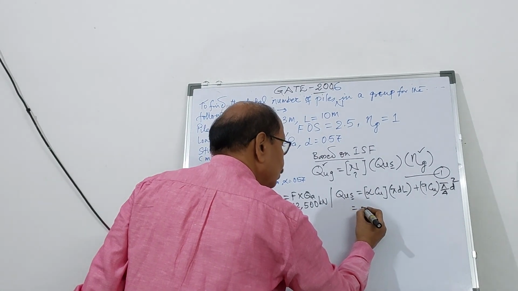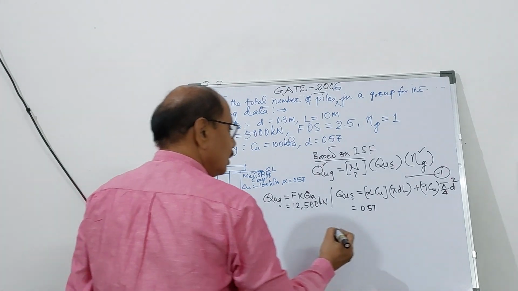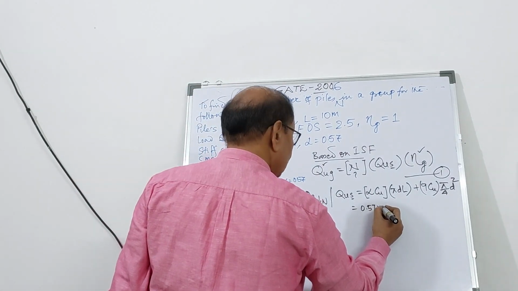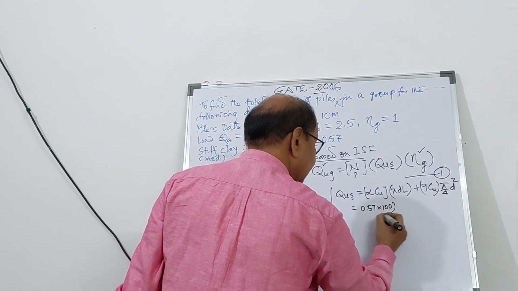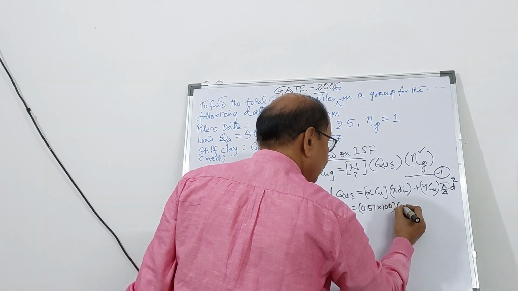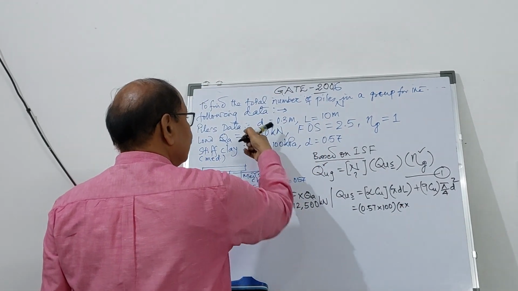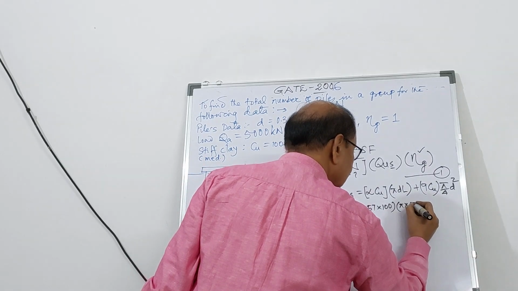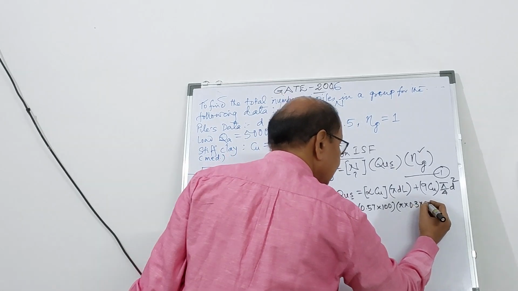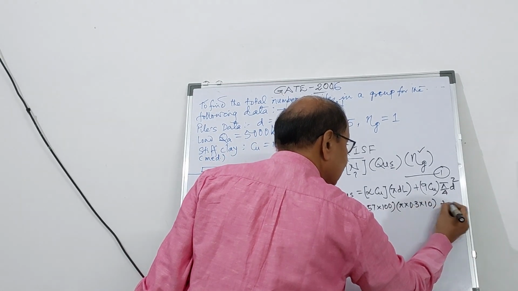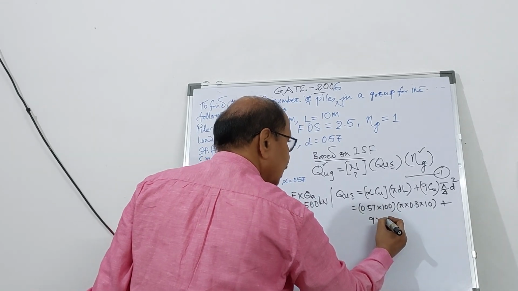So this will give you 0.57 into Cu, given as 100, into pi, and the diameter of the pile is already mentioned as 0.3 meter, and the length of the pile is 10 meter, plus 9 into this.